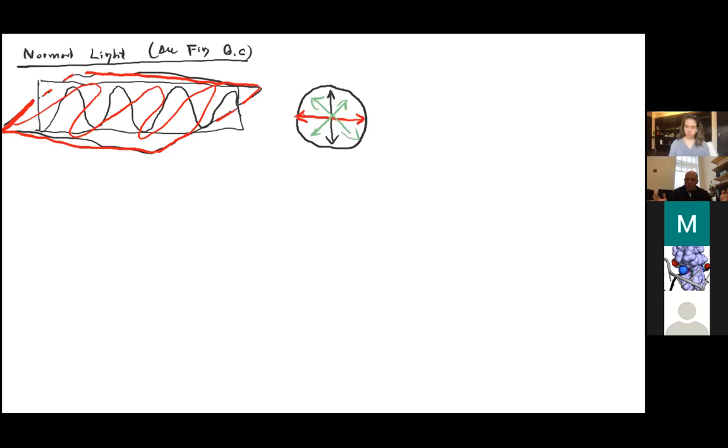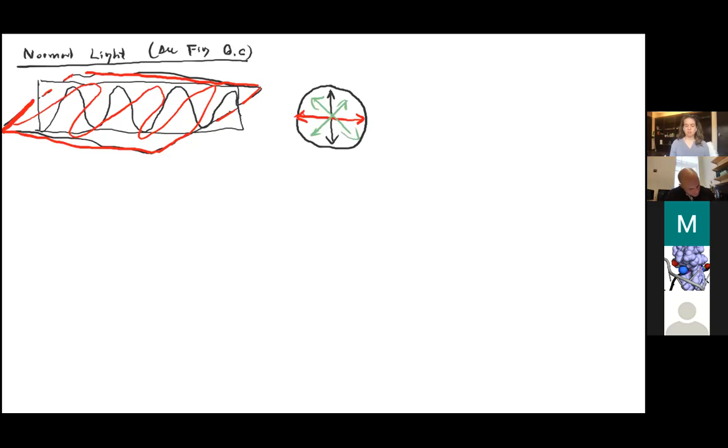And so that's what we call unpolarized light. The electric field is oscillating in every single possible plane. We can, by using various filters, generate what we call plane polarized light, which you can conceptualize as essentially vertical slits that we pass the light through, and only light in one plane can get through.